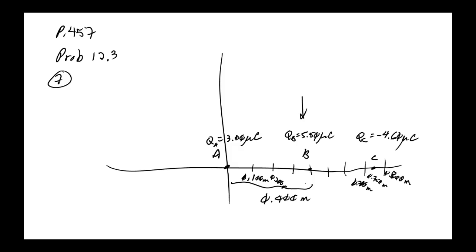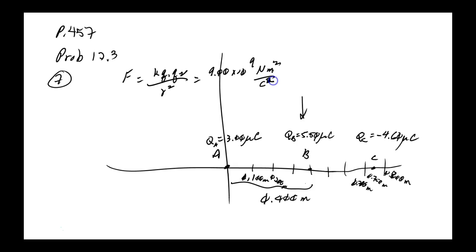Coulomb's law: F, that's force, is equal to K Q1 Q2 over R squared. The Q's have to be in coulombs. Your K is 9.00 times 10 to the 9th, in newton meters squared per coulomb squared.